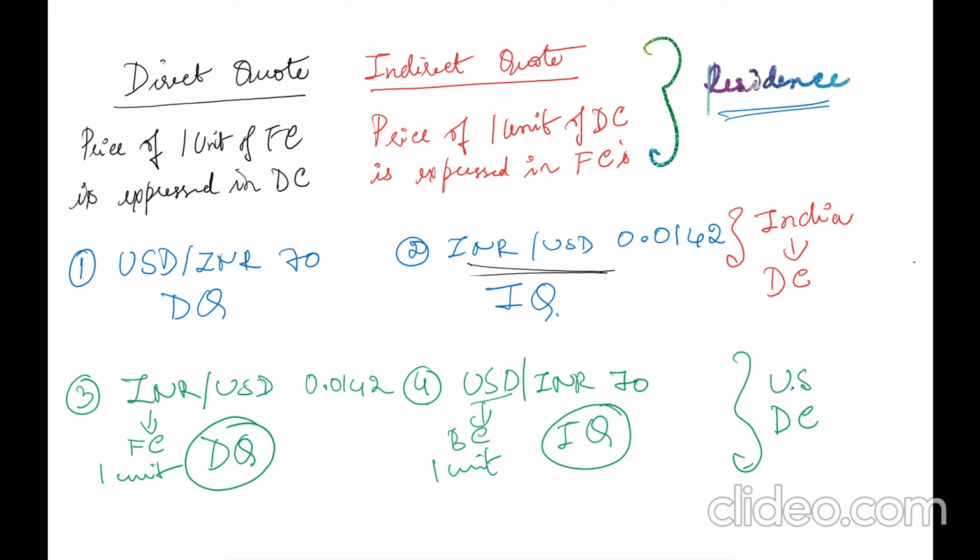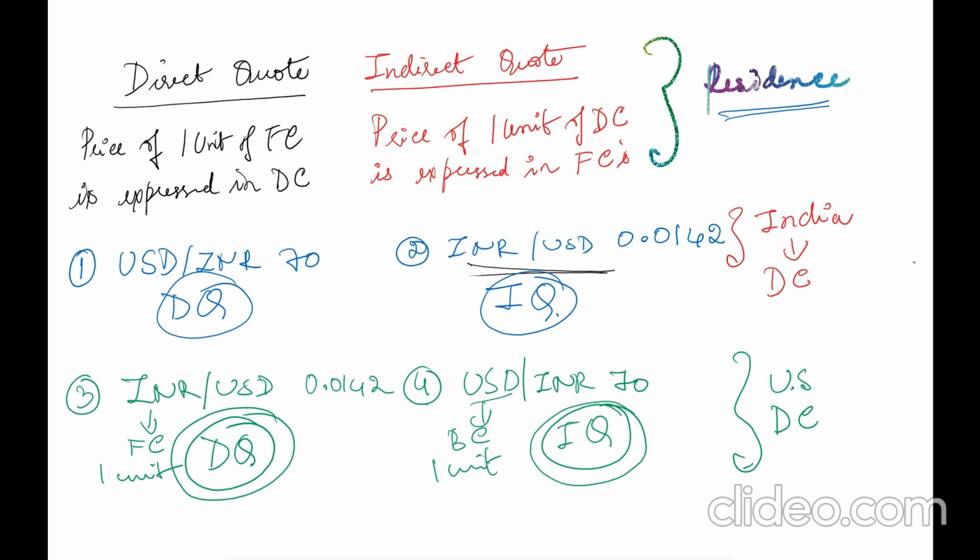When you compare all these 4 quotes, you will find that the quotations are exactly the same, but a direct quote for India becomes an indirect quote for US, and an indirect quote for India becomes a direct quote for US.